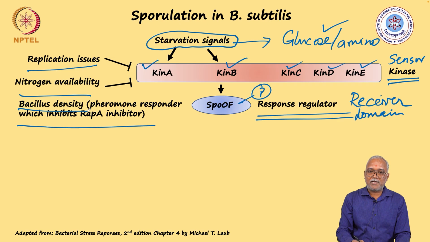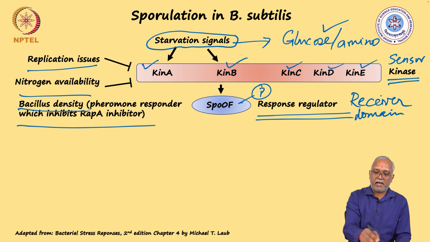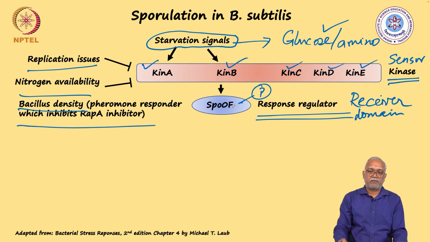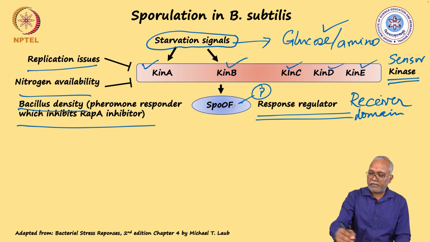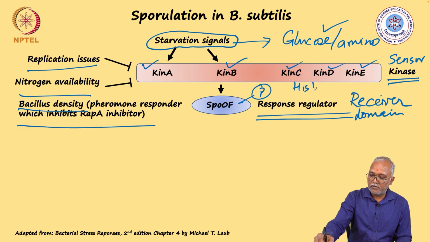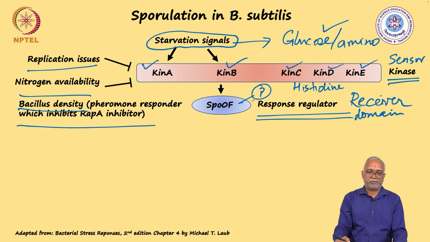If cell density is less, it will be inhibited and there will be no sporulation. If cell density is high, this inhibitor will be removed and this Spo0F is active to take the signaling forward. So how does it move forward? You can sense that the histidine residue on this receptor is utilized. Now you have the aspartate residue on the receiver domain where phosphorylation has happened.